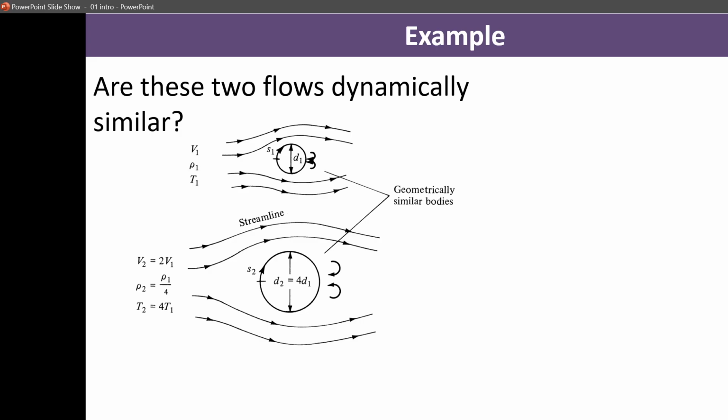And we want to see whether these two flows are similar, dynamically similar. So what do we need to do?